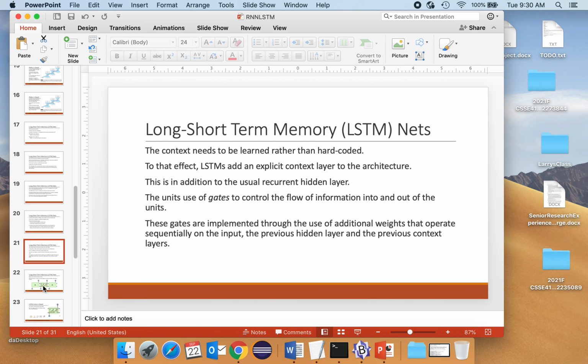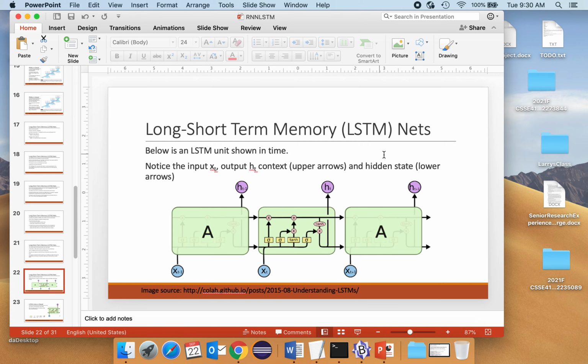So without much further ado, here's an example of an LSTM unit, again, in time. Time minus 1, time plus 1. So what we have is the input and the output. The output is also the same as the hidden state. But additionally, we have this additional input that is the context.